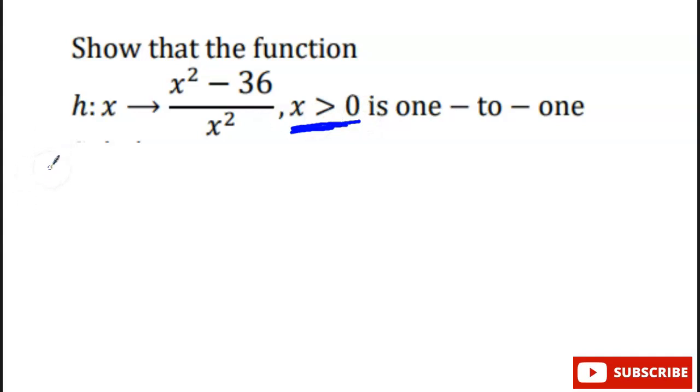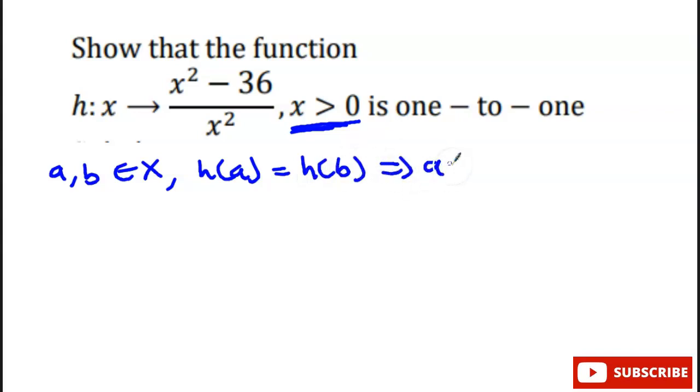So once again, you choose two elements, members of x such that h of A is equal to h of B, which implies that A is equal to B. So let's find h of A. h of A will be equal to A squared minus 36 over A squared.